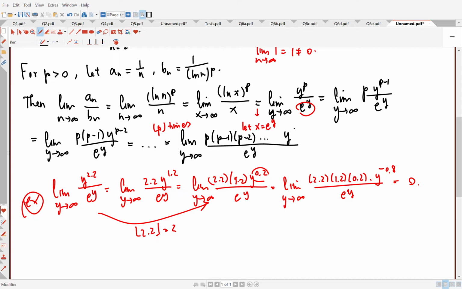this will be p minus floor of p, right? Here will be p minus p. p minus floor p minus 1, times y to the power of p minus floor p, right?